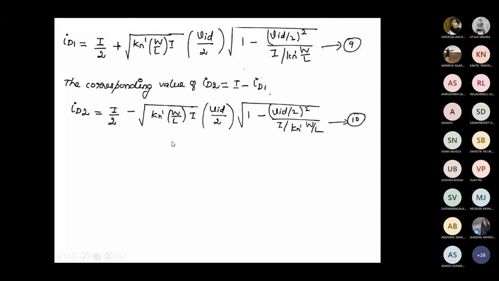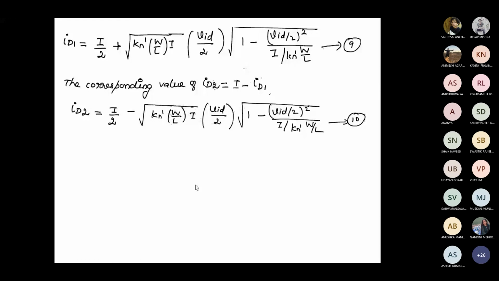If you add equations 9 and 10, what will be the output? It will be equal to the total current I. The plus and minus terms will get cancelled, and I by 2 plus I by 2 will become I. Ma'am, that means ID1 has two values and ID2 will also have two values?